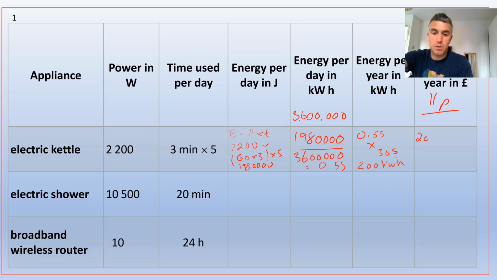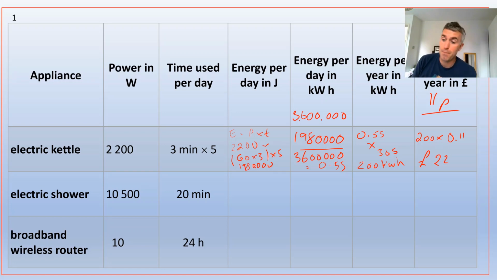So let's do 200 times, if it's in pounds, 0.11. So it costs you £22 to run your kettle for a year. Not for the whole year, but if you use it all those times, it costs you about £22.